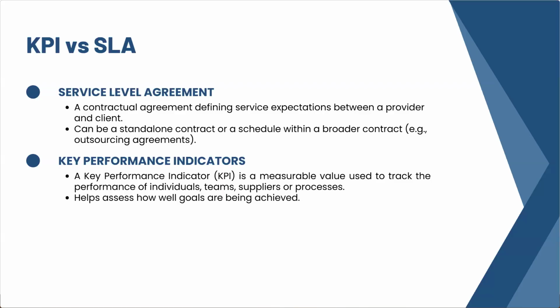It defines the service expectations between the supplier and the buyer, and it often sets out the target and also the remedies for the performance of supplier. With SLA, in other words, the supplier or the service provider promises to maintain certain level, and if they fall under that level, they may face the consequences.